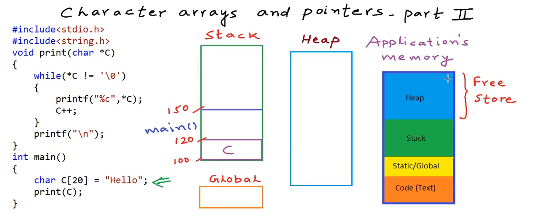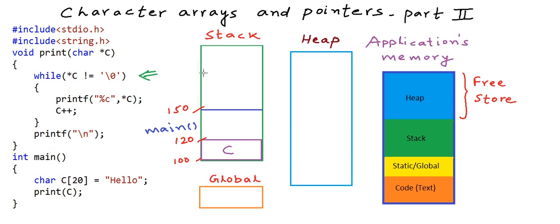Apart from local variables, there may be some more information in the stack frame, so that's why we have some more space. And now the control of the program goes to this statement, print C. As soon as we make a call to another function from a function, the execution of that particular function is paused at that particular line, and the machine goes on to execute the called function.